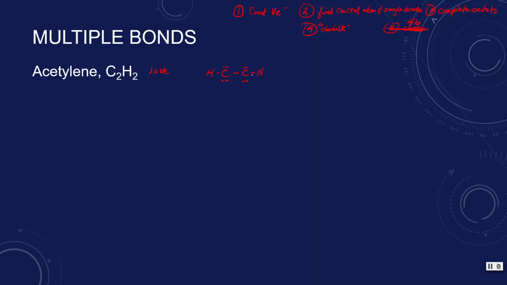I have way too many valence electrons. So I'm going to take 2 pairs off, 1 off each carbon. Now I have the proper number of valence electrons, but I have unsatisfied carbons. And so I've got to try to get those octets back for carbon.